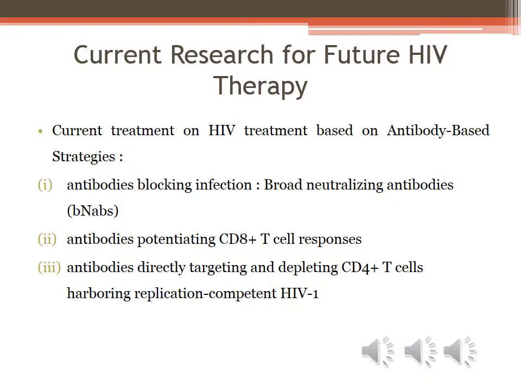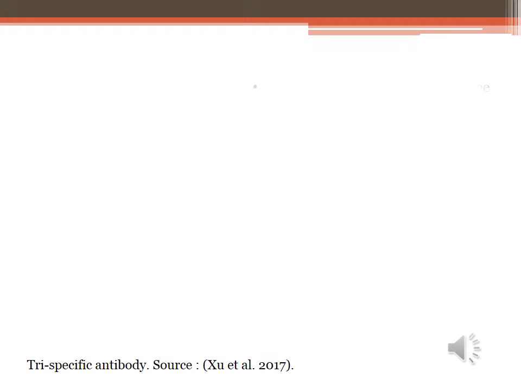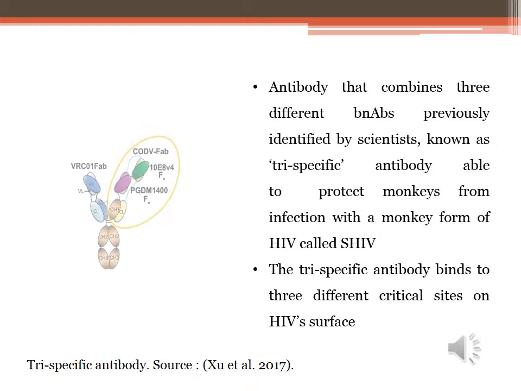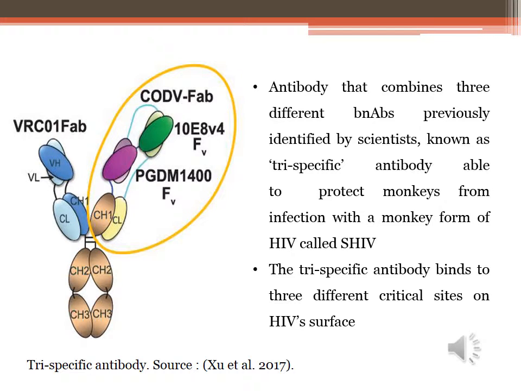And lastly is the antibodies directly targeting and depleting CD4 plus T cells harboring replication-competent HIV-1. A study has discovered an antibody that combines three different bNAbs, known as a tri-specific antibody.